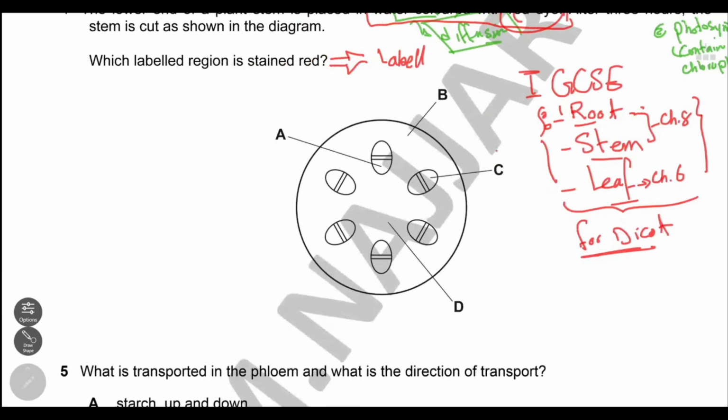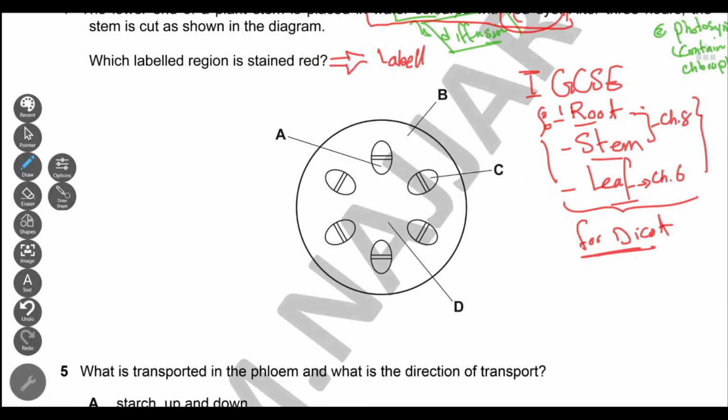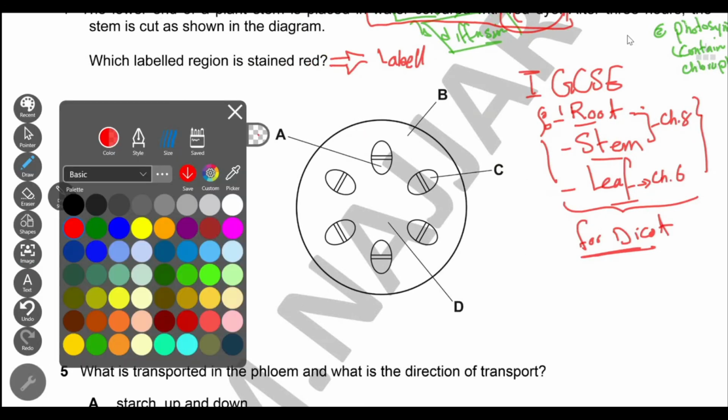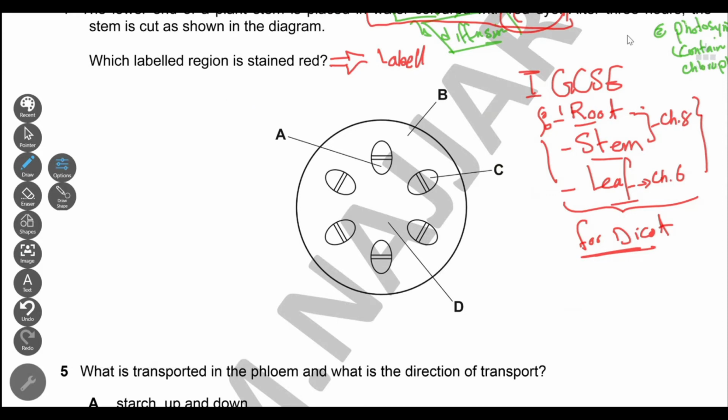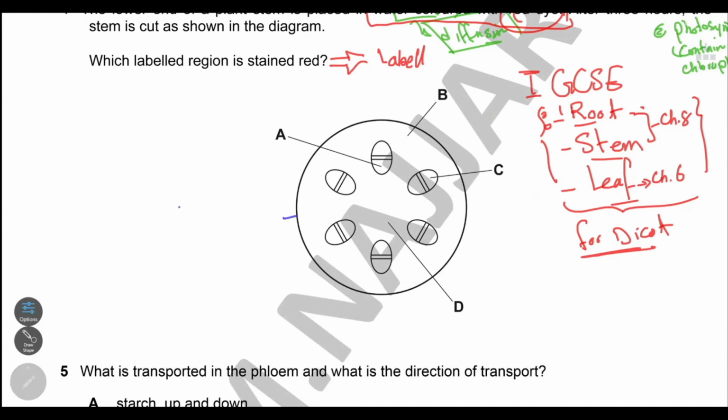So let's carry on. I said labeling. Yes, this is my strategy to solve such a question, just in case you don't know how to answer it. A is, let's start from outside, the epidermis. The stem has epidermis. This is the epidermis. Of course, it's not an option, but we are learning, so it's advisable and recommended to do it.